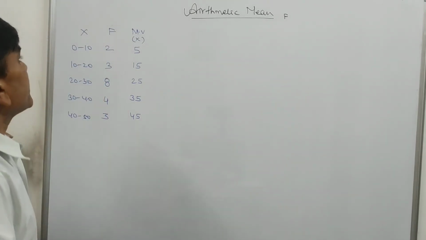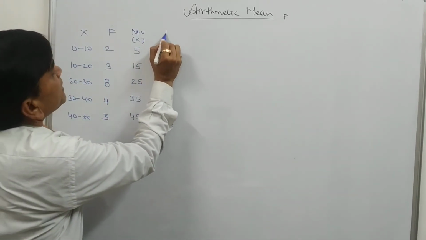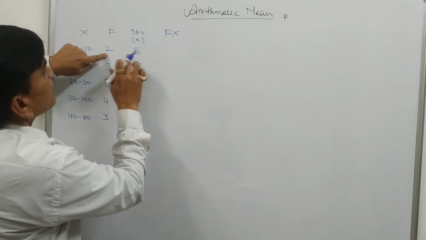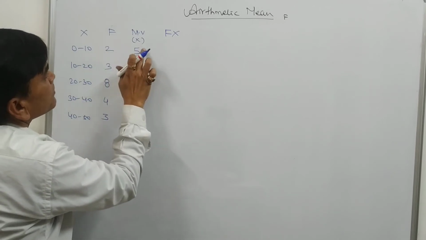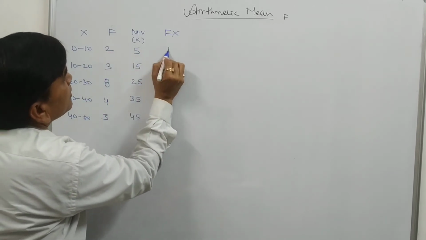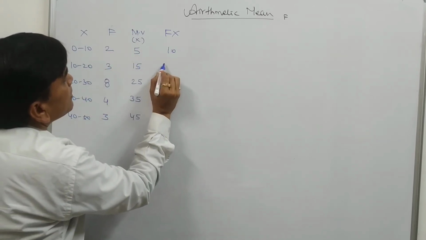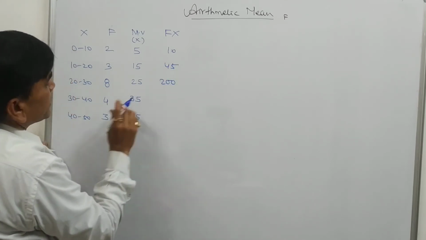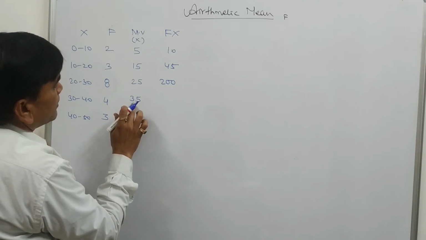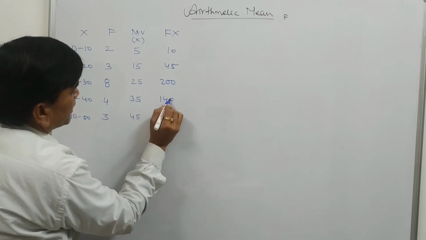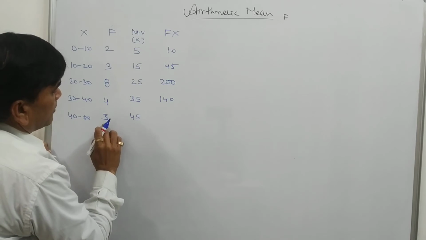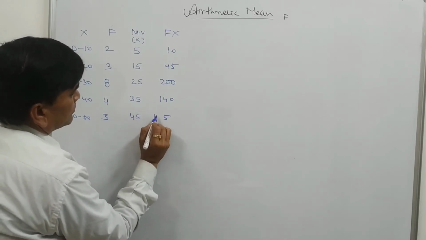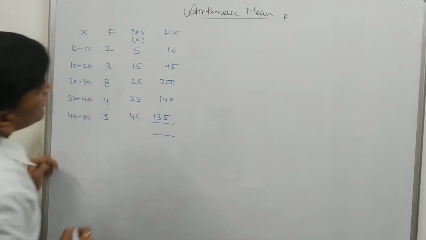So the very first thing is to calculate the mid value. And for the direct method, we require the multiplication of f and x. So we will multiply f with x. 5 times 2 is 10, 15 times 3 is 45, 25 times 8 is 200, 35 times 4 is 140, 45 times 3 is 135. So we will add all the items.